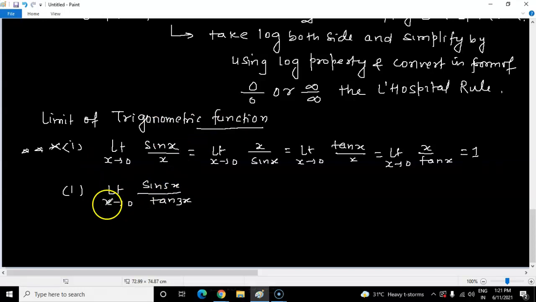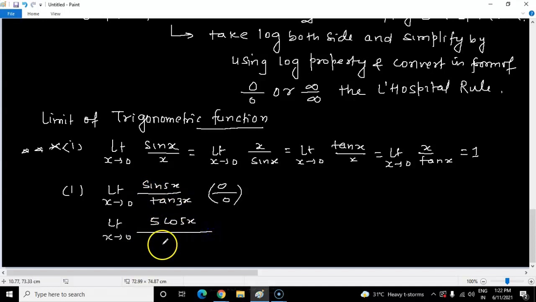Like consider here the limit of x tends to 0, sin 5x by tan 3x. If you put 0, sin 0 is 0 and tan 0 is also 0. So 0 by 0 is there, you can apply the L'Hospital rule. The differentiation of sin is cos, that is 5 times cos of 5x, and the differentiation of tan is secant square of 3x, times 3.